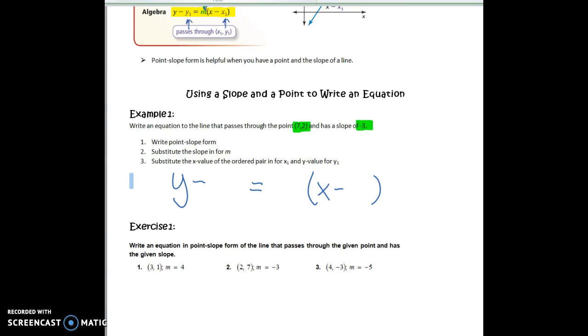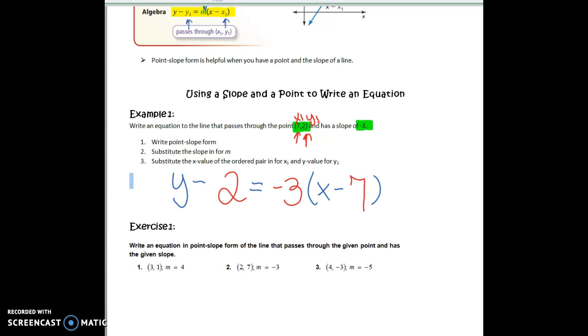So it goes y minus y1, which is 2, equals m, which is -3 because that's the slope, times x minus 7 because that's the x1. And that's all you do. You don't touch it. You leave it like that. That is point-slope form. Nothing else you need to do.